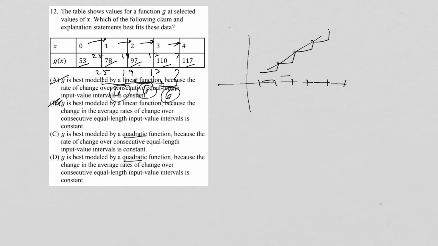The rates of change are 25, 19, 13, 7, and the changes in the average rates of change are all 6. Pretty confusing, but it is D. It's definitely not linear. You might have gotten it down to C or D.